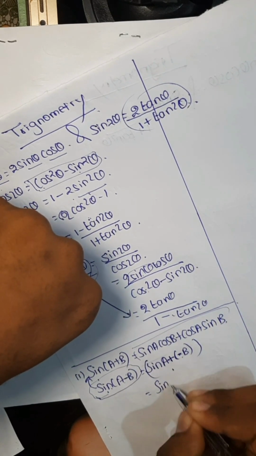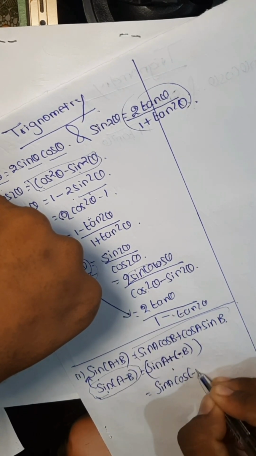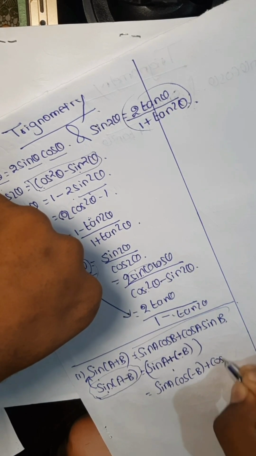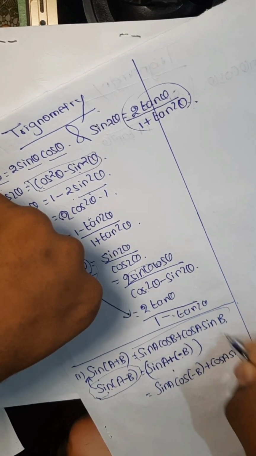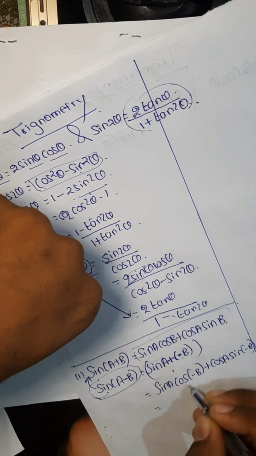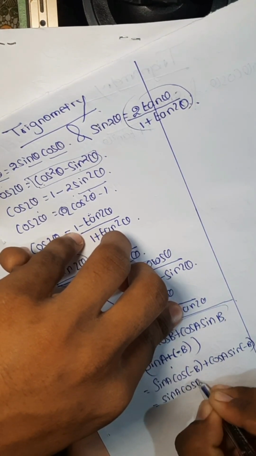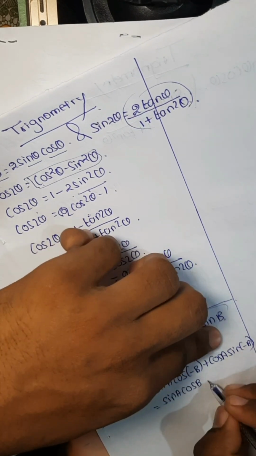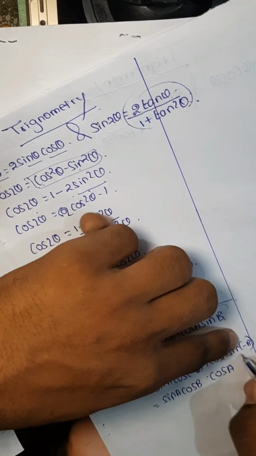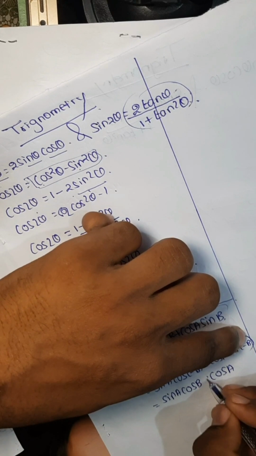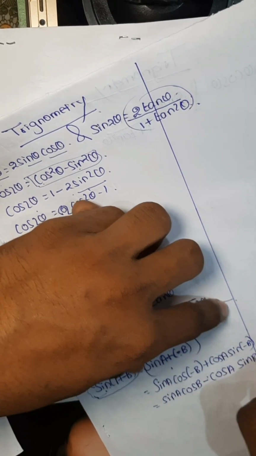So sin A cos minus B plus cos A sin minus B. Therefore, sin A cos B, and cos A sin minus B is minus cos A sin B.